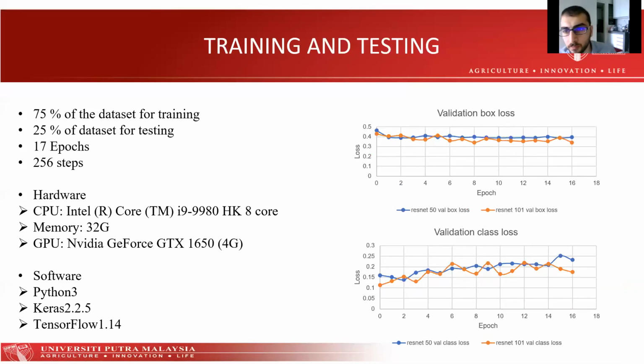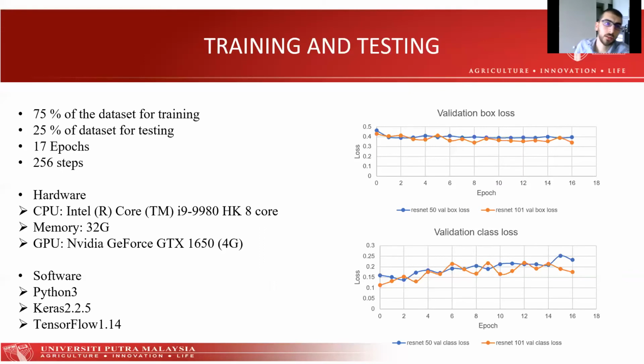And the validation box loss was for ResNet 50 model about 40% and 35% for ResNet 101 model. And for Mask RCNN ResNet 50, the validation class loss was about 24%, and the ResNet 101 model was about 16%.